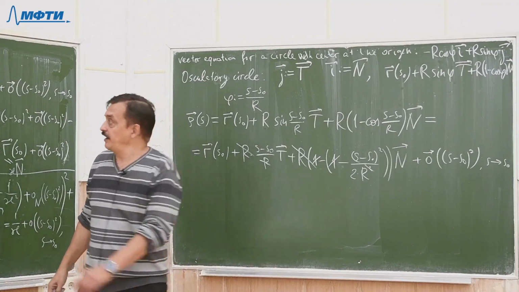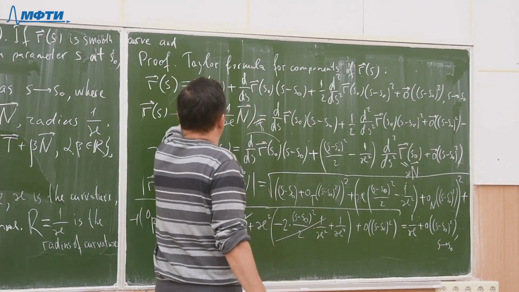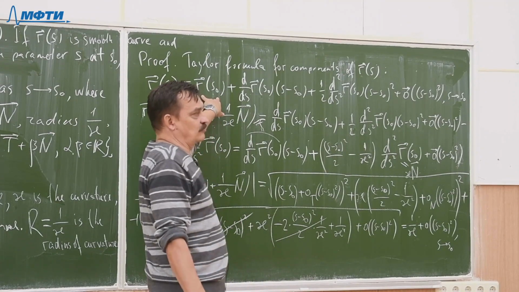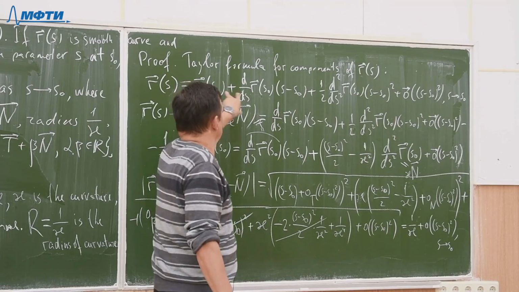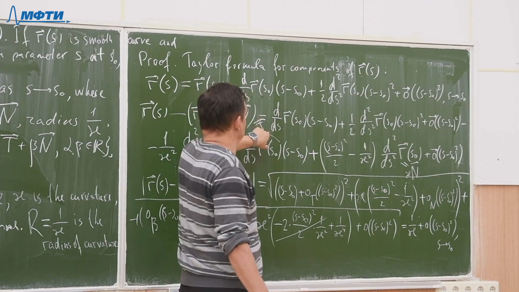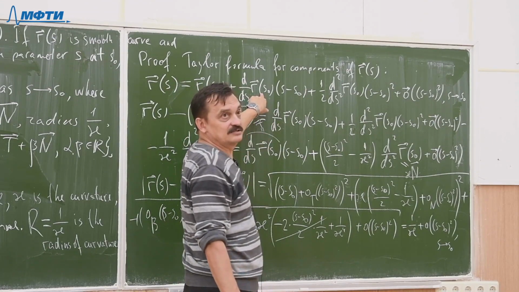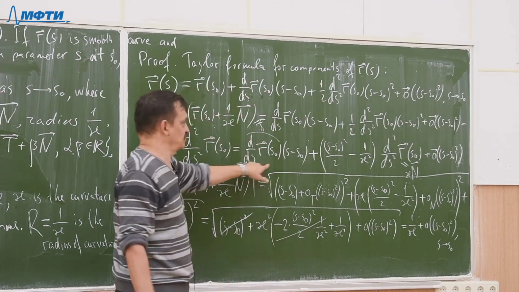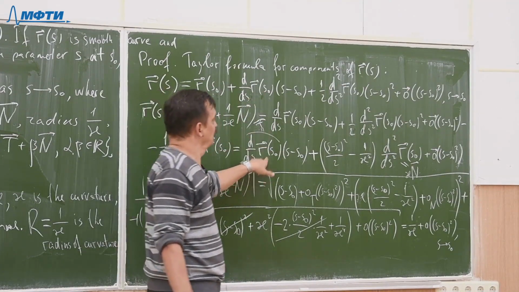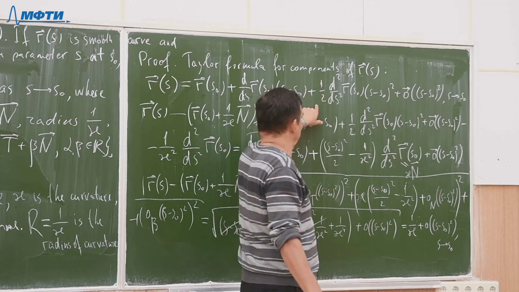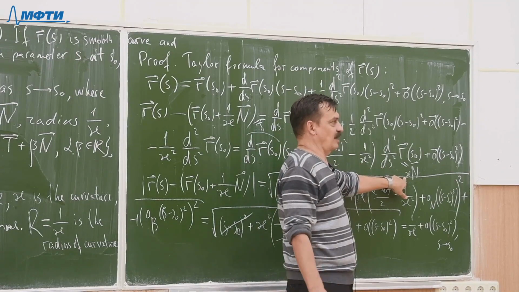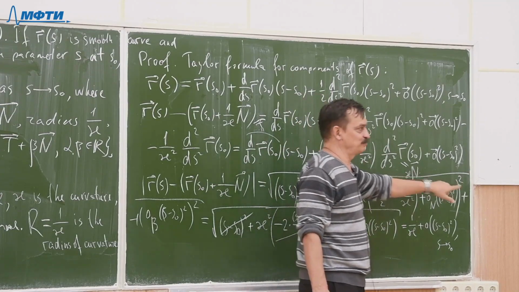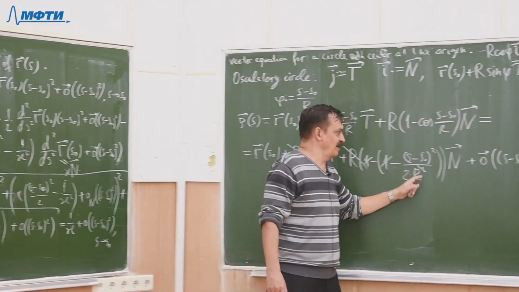And now compare this with our expression for R of S around R of S naught. Then that is precisely T, plus 1/2 of the second derivative. And what is the second derivative? Just kappa n, and kappa is precisely 1 over R, times n.